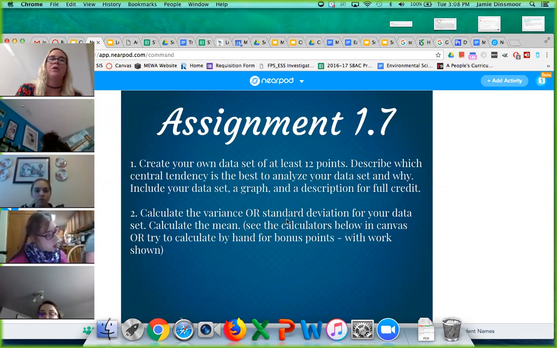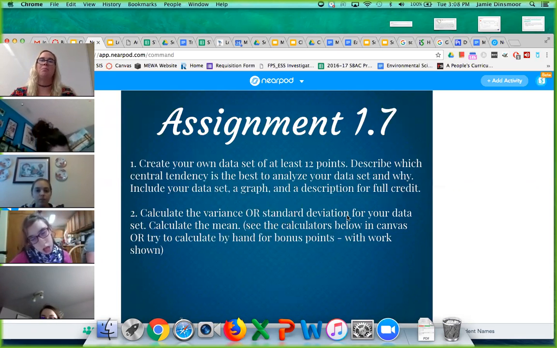And not only that, but when you look at your variance or your standard deviation, right, it should make sense in terms of if you have a big number for your variance or a big number for your standard deviation, that means there's a lot of variety in your data. Usually that means that the mean will not tell you much. So notice those patterns, right? You might not see a pattern because you only have 12 data points.